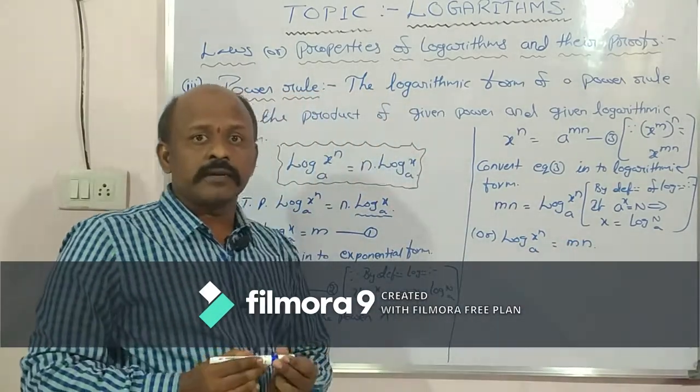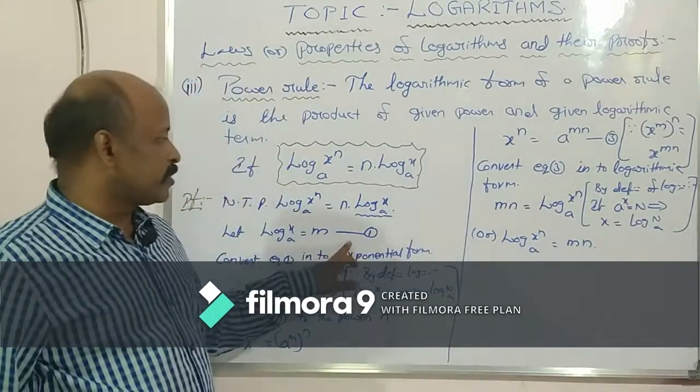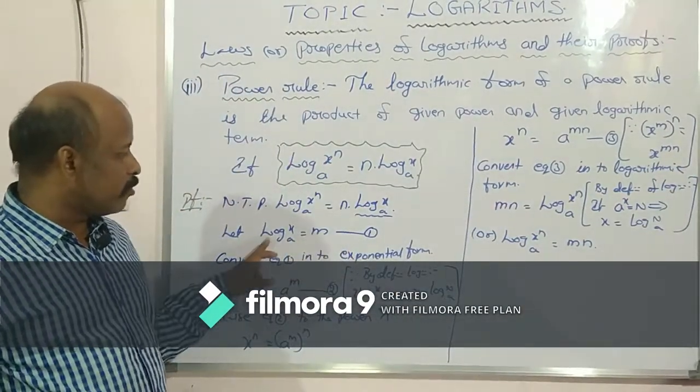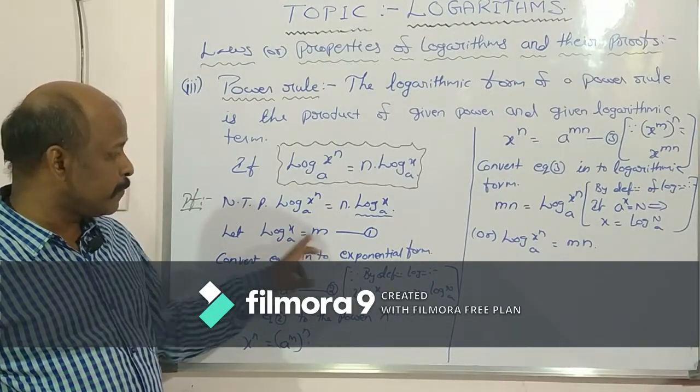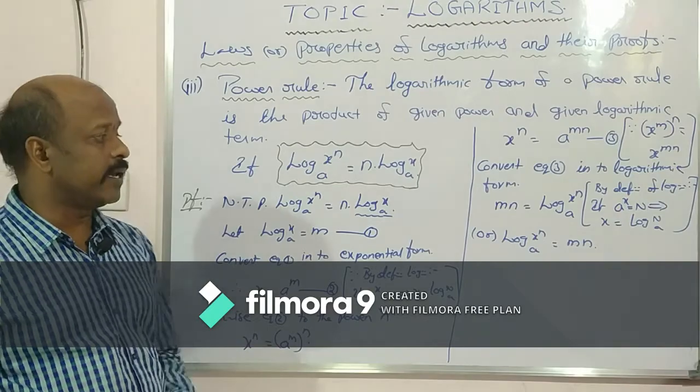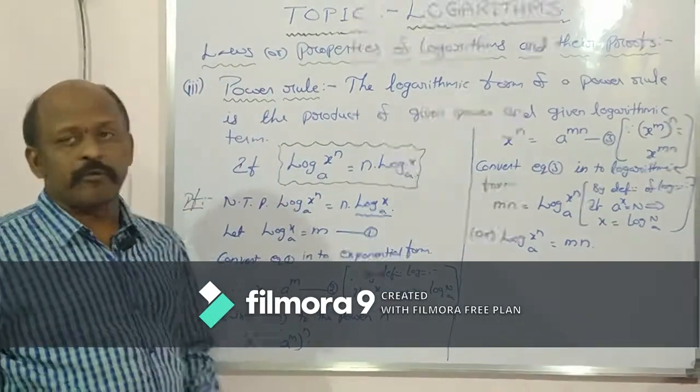After getting this, from equation number 1, once you observe, we have the m value: log x base a. So instead of m, I am going to write the value of m over here.